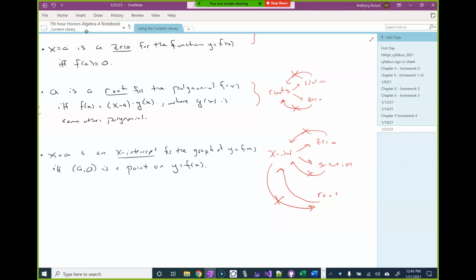From a practical standpoint, one of those three, solution, zero, or x-intercept, is going to be easier to find than the others. Which one do you think it is? Think about it from a practical standpoint. What would you have to do to find a solution?